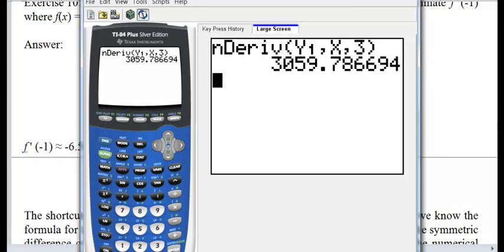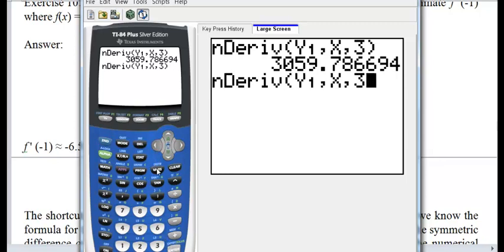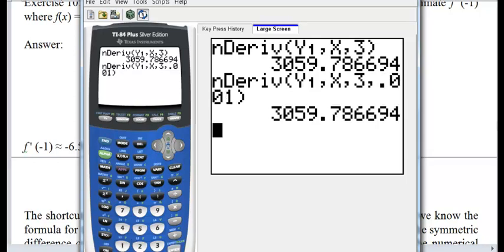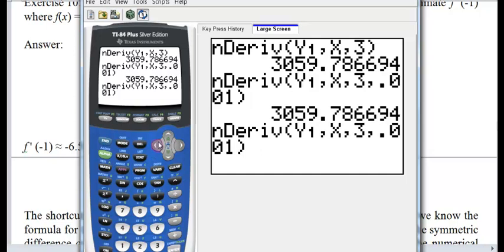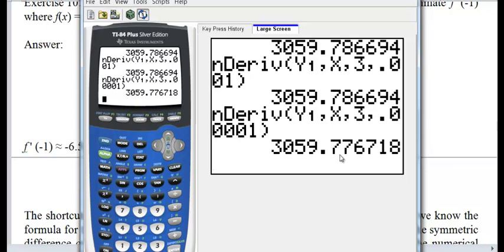And if you remember, that's exactly what I got with the same thing, but putting an h value of 0.001. So if you leave off the h value, see, it is 0.001. Now if I want a smaller h value, I need to actually put it in, say a smaller value for h. Again, it does a symmetric difference quotient with the smaller h value.